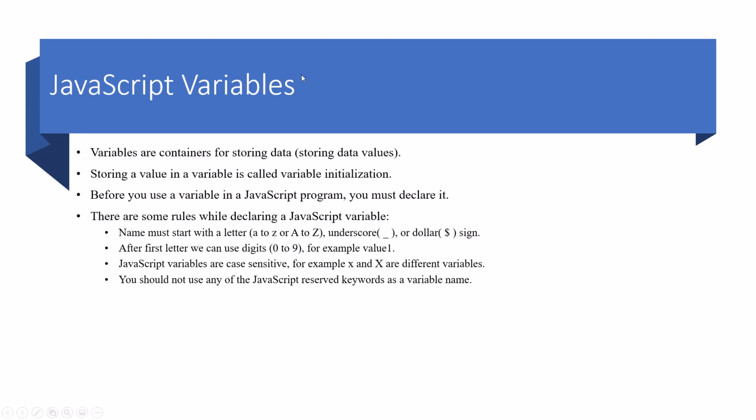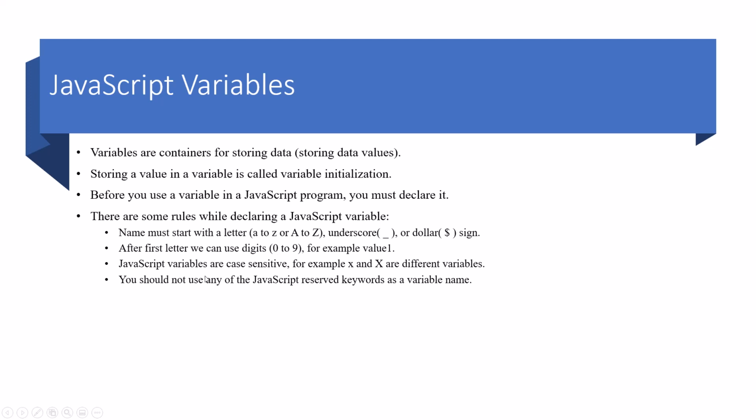There are some rules we follow while using the JavaScript variable. The name should start with a letter, an underscore, or a dollar sign. After the first letter, we can use digits, but the variable name should not start with digits.